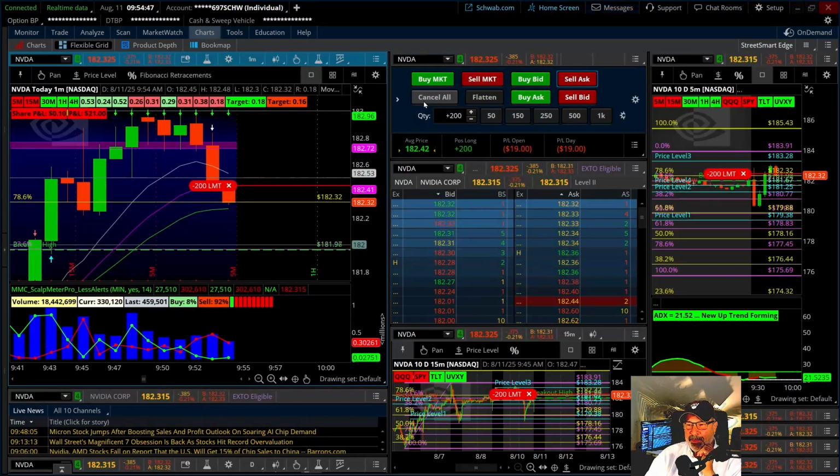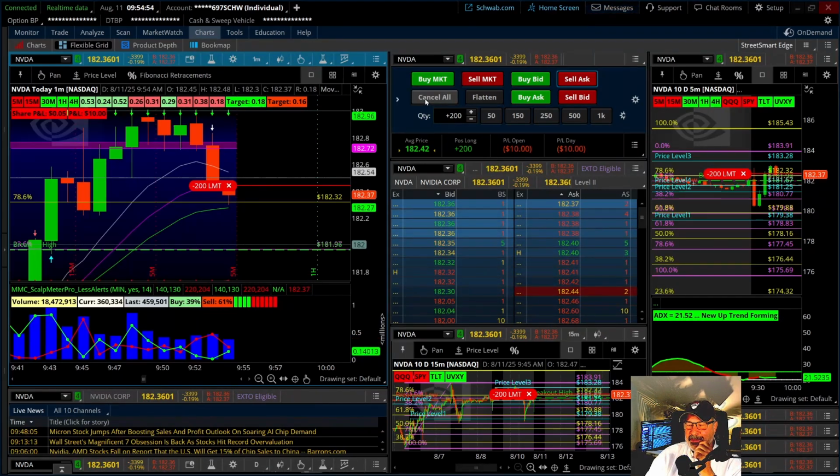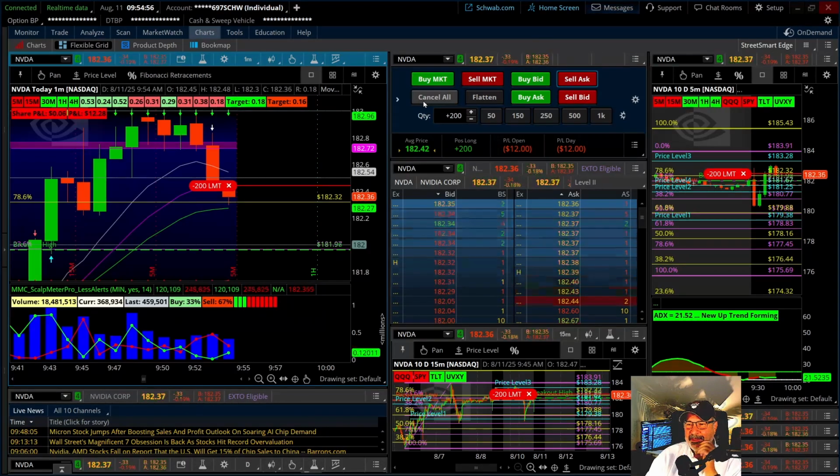So we got to get a better look here than what I'm trying to do. It is resting on the fib, but I went in too soon. I got it 10 cents too high.